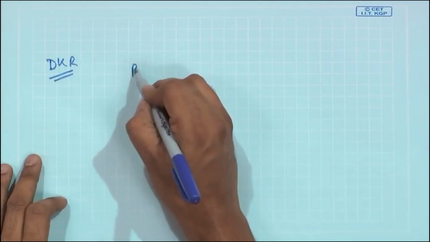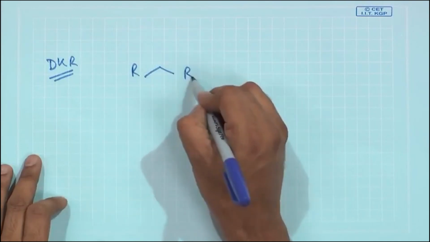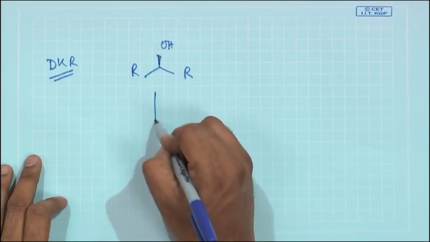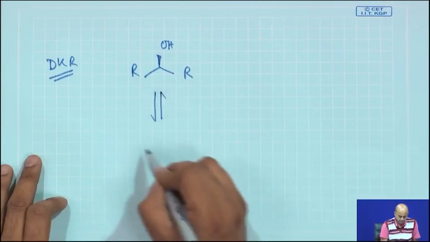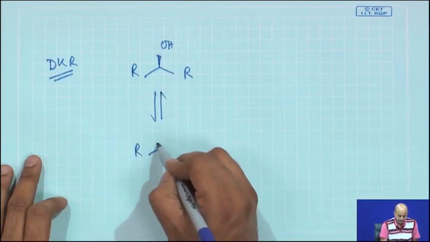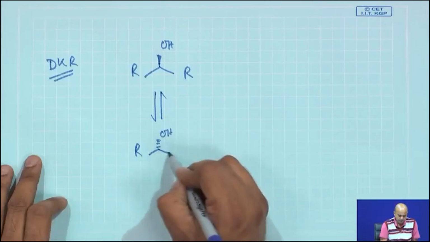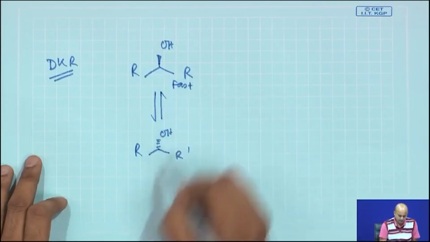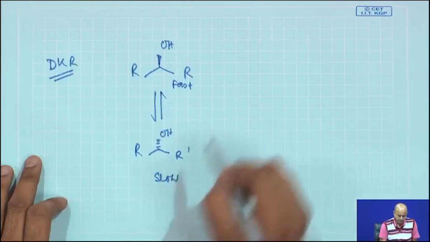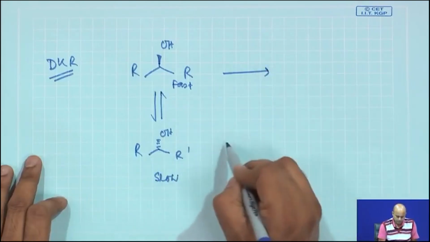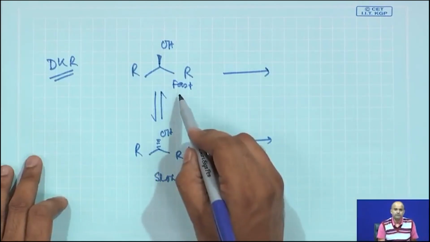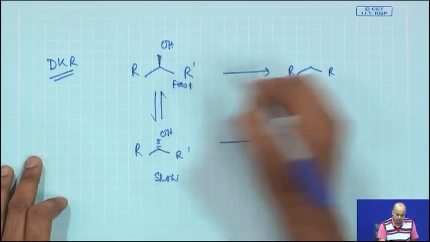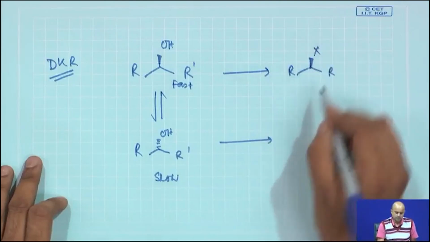Now, we will again draw the same kinetic equation, and we are saying that this DKR is the process. The idea has to be essentially taken from this kinetic resolution, where this is fast reacting and this is slow reacting. Now, I am saying that this fast reacting enantiomer reacts, there is absolutely no doubt. Okay. It reacts to give you the product.